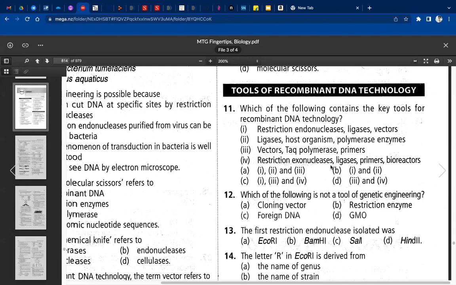So it's B, 1 and 2, which says which are the key tools? Restriction endonuclease, of course, ligases, vectors, host organism, polymerase. All of them are important key tools. Taq polymerase and primers are not that important as key tools because they are just for PCR. And bioreactors are for downstream processing, right? So option B is correct.